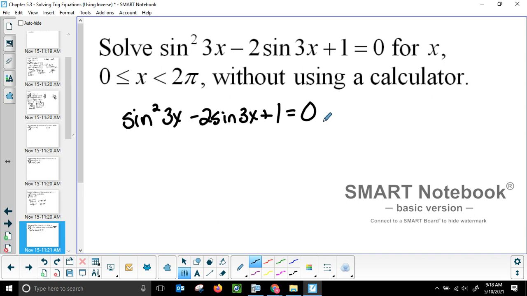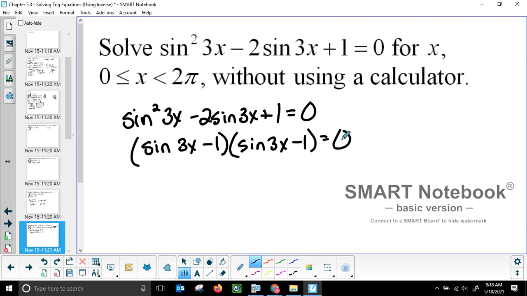You can't. So this should factor to -1 and -1, so this would be sine of 3x minus 1 and sine of 3x minus 1.